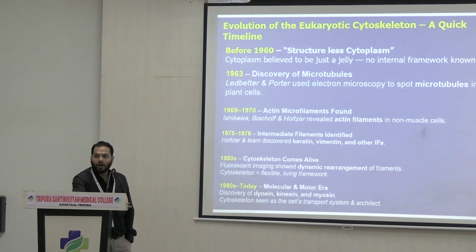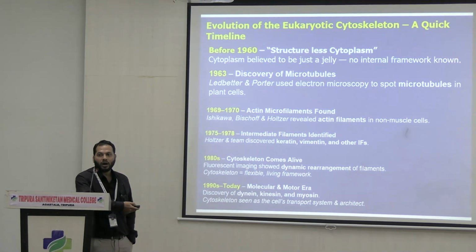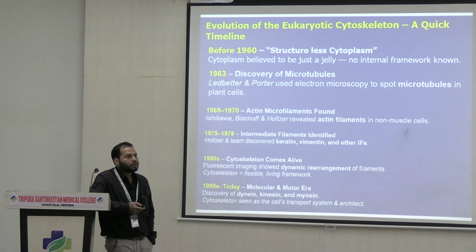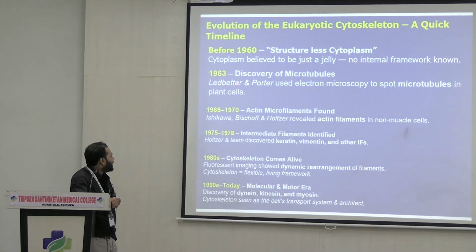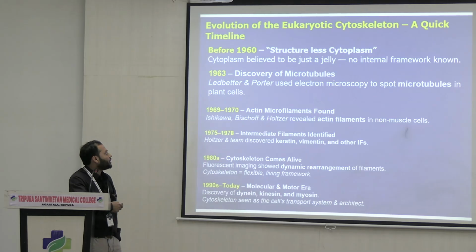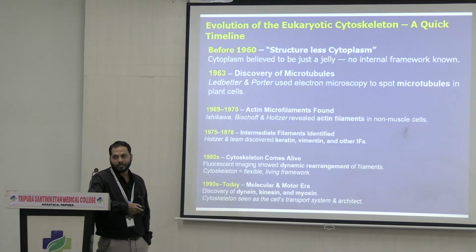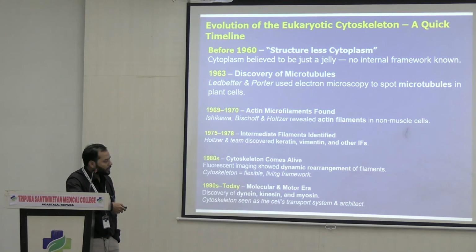After that, a group of researchers started their research to explore the nature of the cell cytoplasm. Ledbetter and Porter used electron microscopy to spot microtubules in plant cells for the first time in 1963.